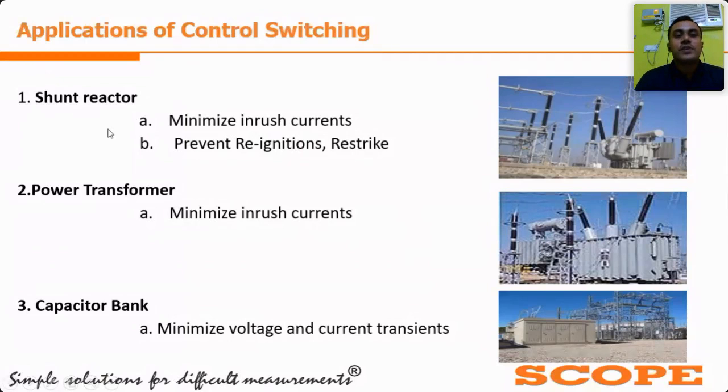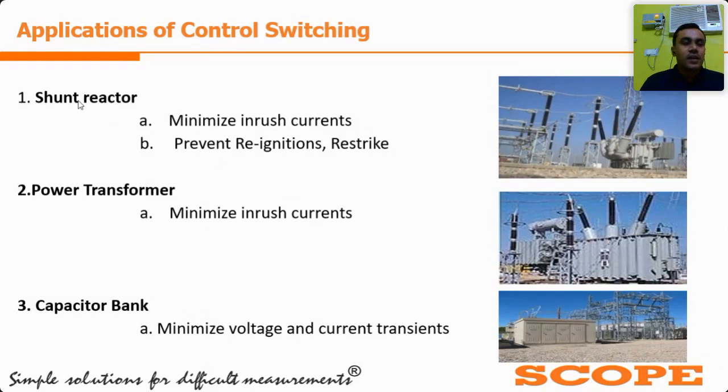Generally, the switching of bus reactors in substations is more frequent, and due to this, its breaker and winding conditions will be more harassed if the closing is not controlled.